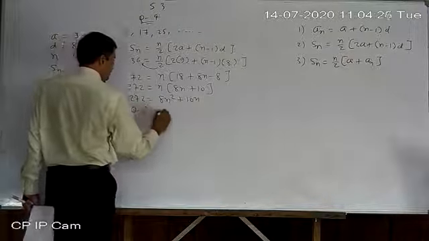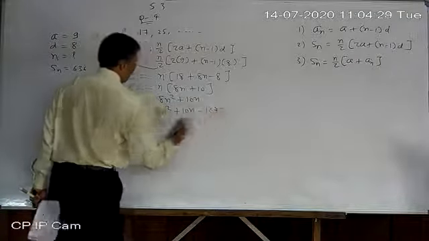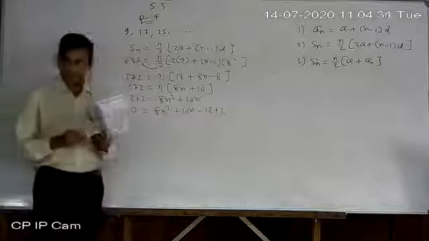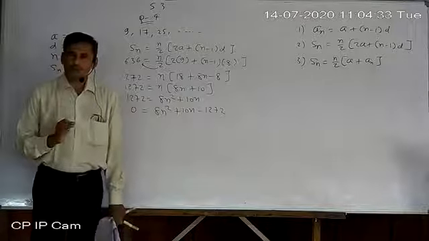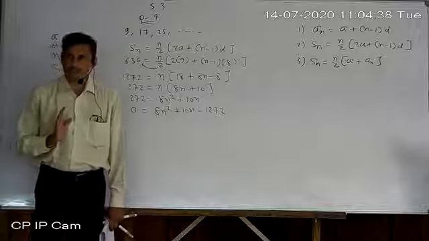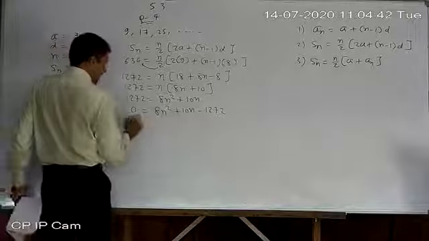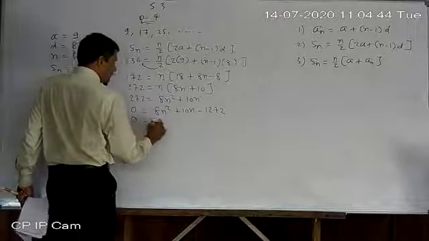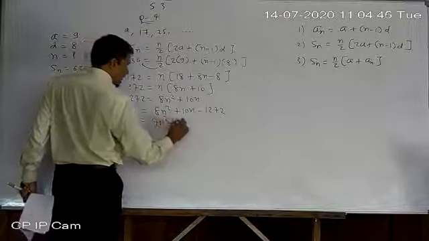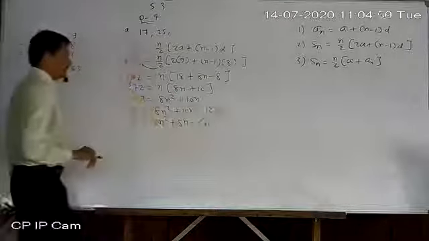So 8n square plus 10n minus 1272. And the second important point I told you is to reduce the equation if possible. So it is reducible. Why? It is divisible by 2, so it was 636, half of that.